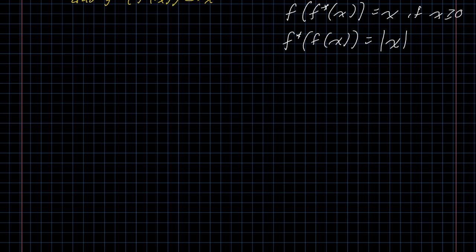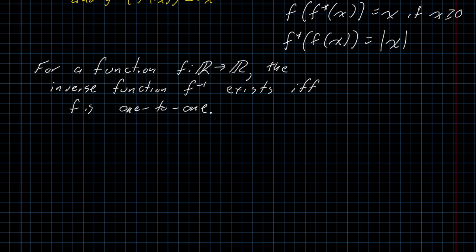Not all functions have inverses. For some function f, we can say that the inverse function exists if and only if f is a one-to-one function. The simple way of testing for a one-to-one function is the horizontal line test.